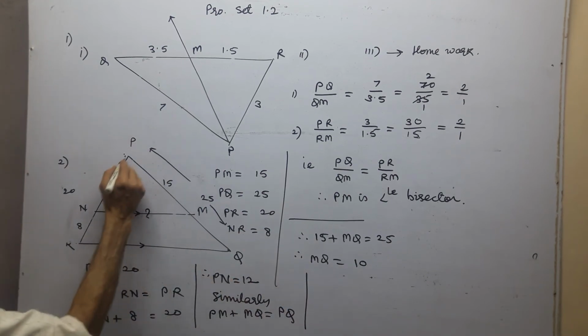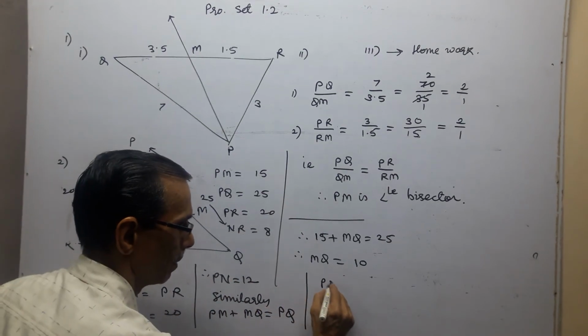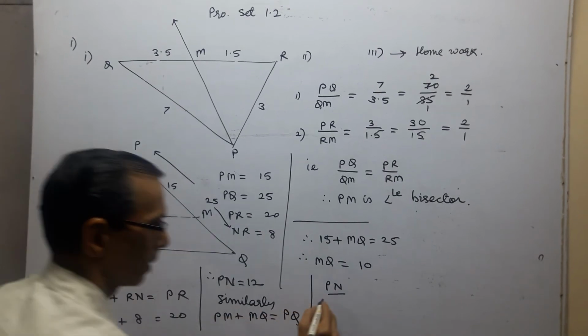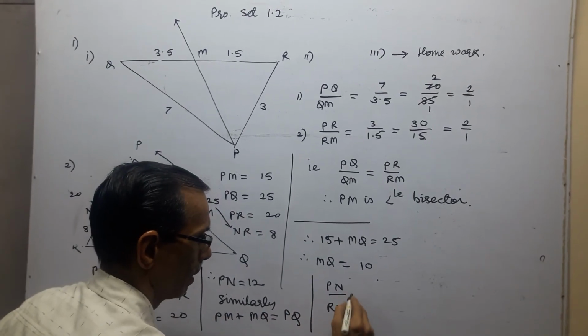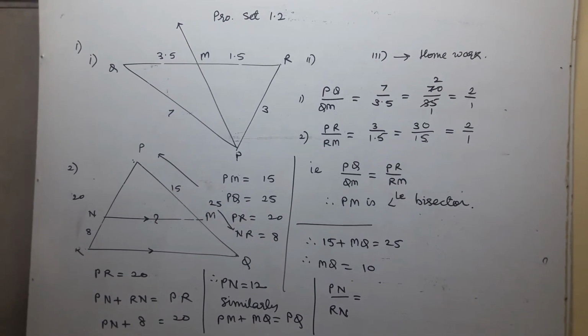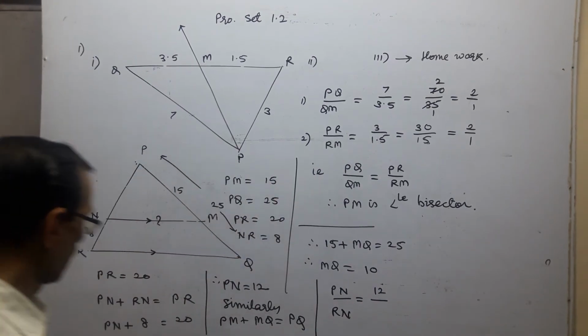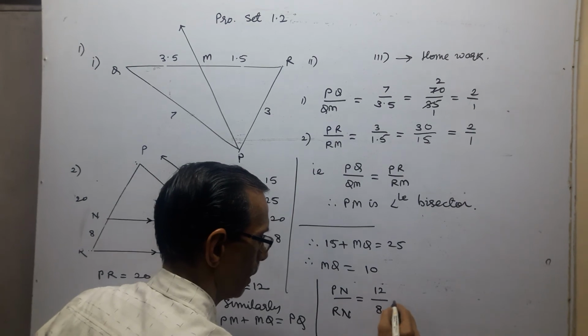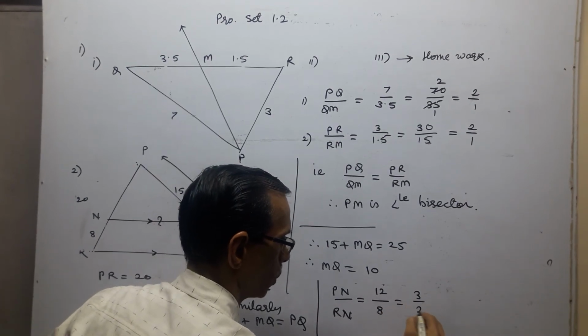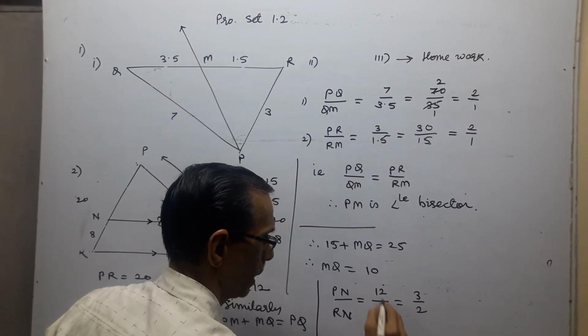Now let's see the 2 ratios. First, let us take the ratio PN upon RN. PN is equal to 12 and RN is equal to 8, and that is equal to 3 upon 2.